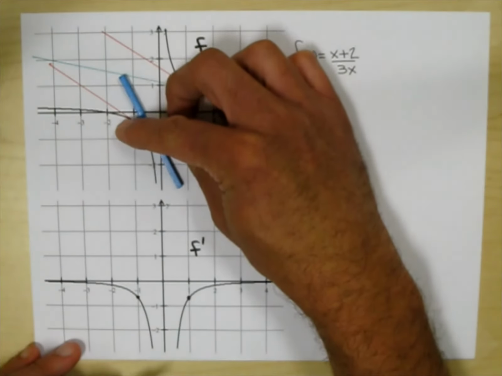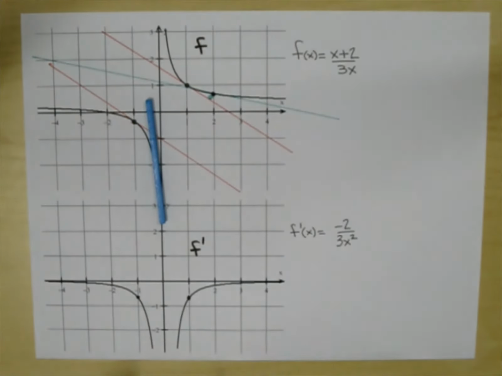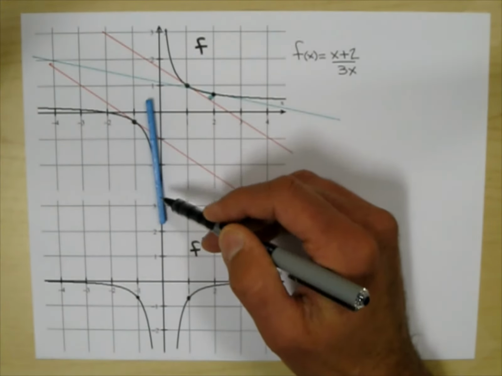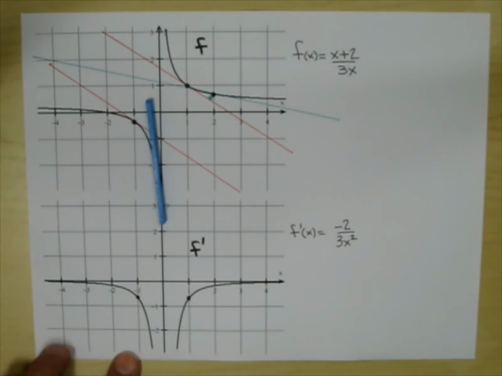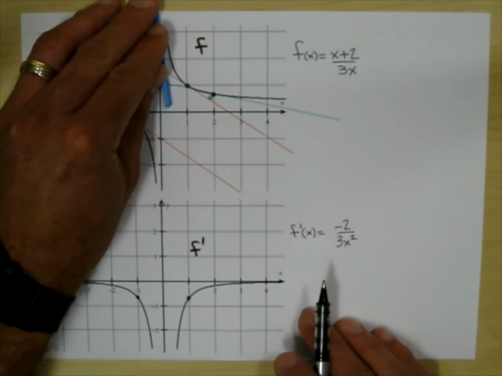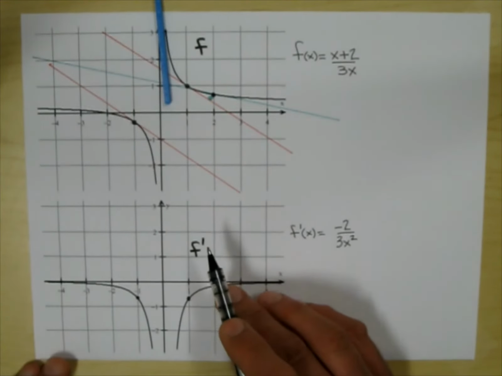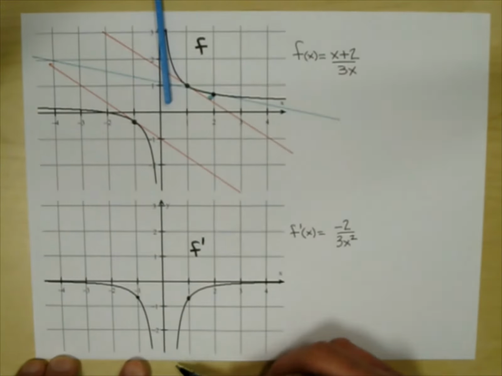And then as you keep moving along this graph, what is happening to the tangent line? Its slope is getting like negative 13, negative 100, negative 1,000,000. The slope is going like that. Also, when you come on the other side of this vertical asymptote, you have a slope that is like negative 1,000,000 there, and so that's down there.